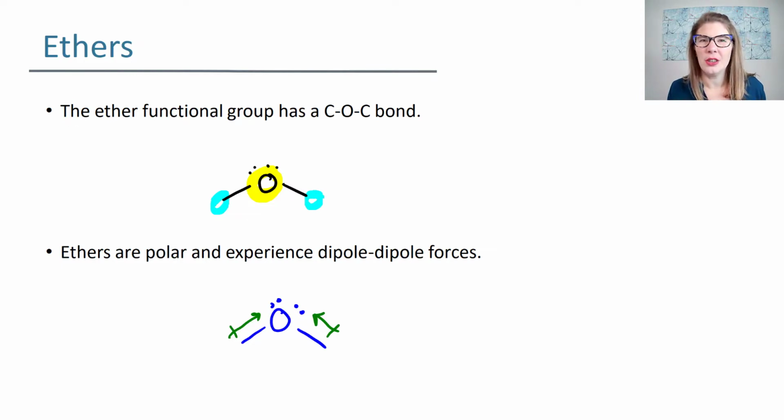We essentially do like a vector addition, and I'm going to erase those arrows and draw the overall electronegativity. This is the direction of polarity, where you have a partial positive over by where those carbon groups are, pointing to the partial negative over where that oxygen is.